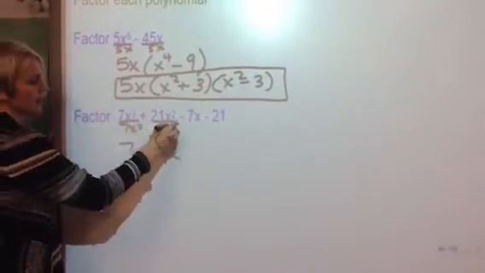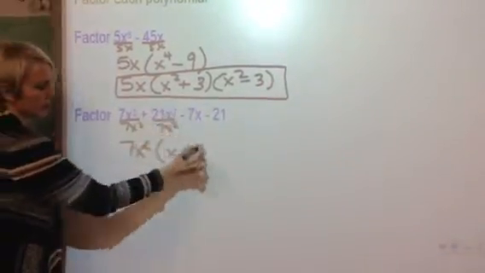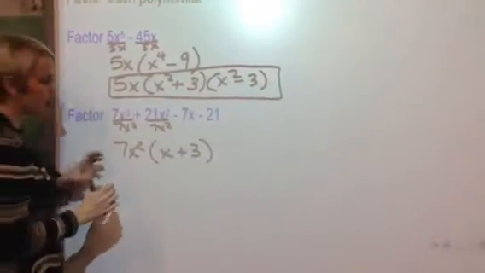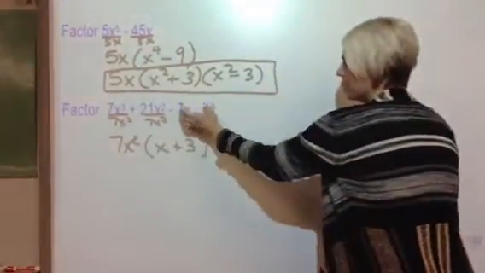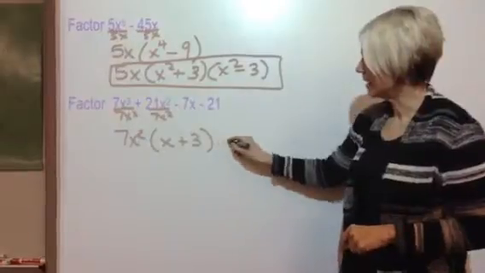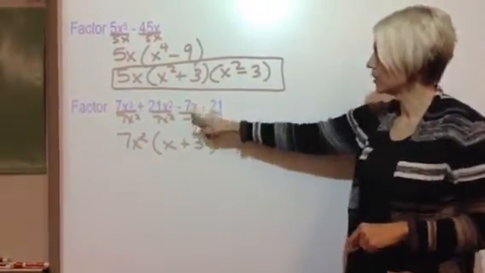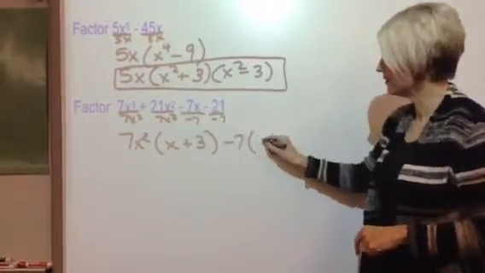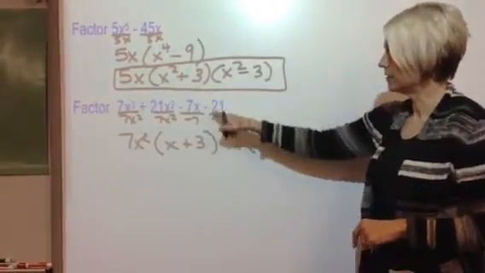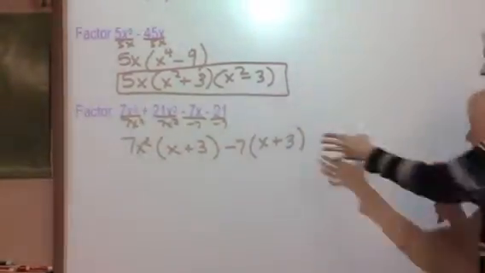This divided by 7x squared would leave me a plus 3. Those x squareds would cancel. Now remember, when we factored by grouping, we want to leave a plus 3 here. So let's divide by a negative 7. And when I divide by a negative 7, that's going to allow me to have this positive x like I want, and a negative divided by a negative is a positive.